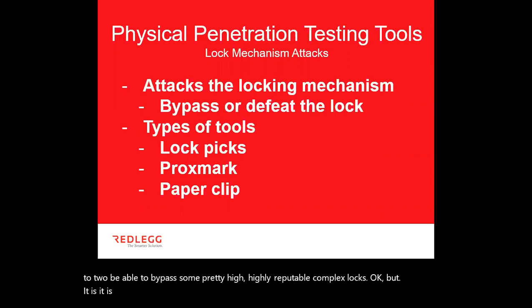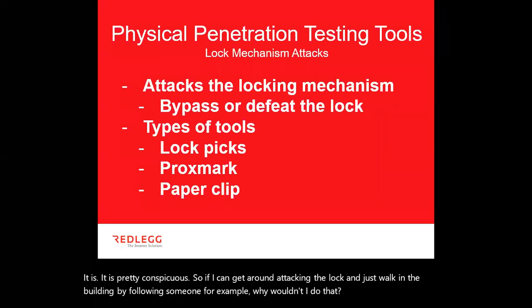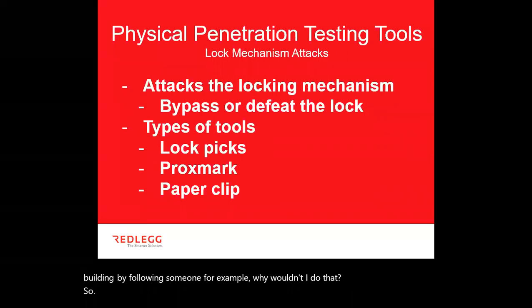So if I can get around attacking the lock and just walk in the building by following someone, for example, why wouldn't I do that? As in the last example, if a balloon will work, there's no reason to pick the lock.